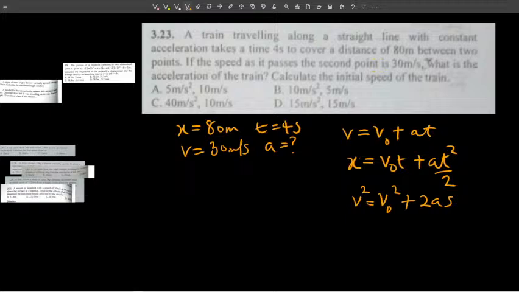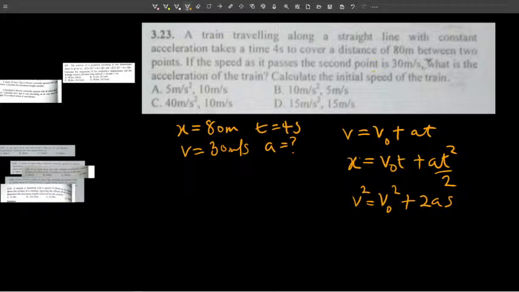Can't use this either because we're not given the acceleration. So how can we solve this? Any idea? What formula have we not tried?